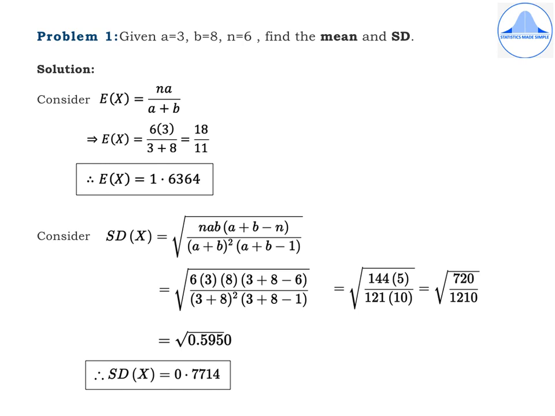Within brackets you have 3 plus 8 minus 6 divided by 3 plus 8 the whole square into 3 plus 8 minus 1, which simplifies to root of 144 into 5 divided by 121 into 10, which is root of 720 divided by 1210. Or it is root of 0.5950. Now take 4 places after the decimal after rounding off. So you'll get SD of x is equal to 0.7714.